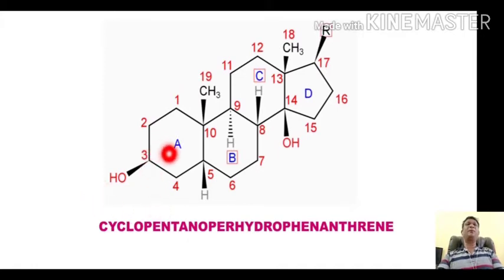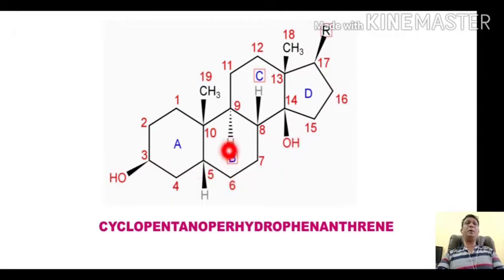This is a set of four fused rings A, B, C and D. Rings A, B and C are cyclohexane rings attached with each other, while ring D is a cyclopentane ring.